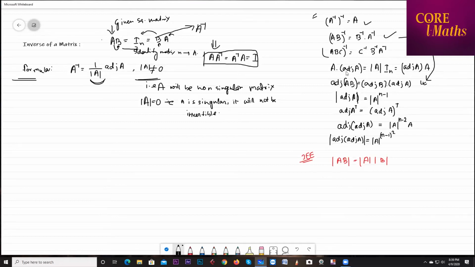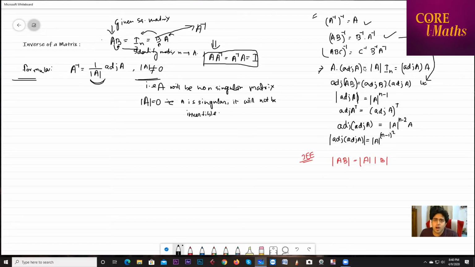So now come to the next property. Here it is given A into adjoint of A. Suppose A is a square matrix, and we have to find the product of A with its adjoint.